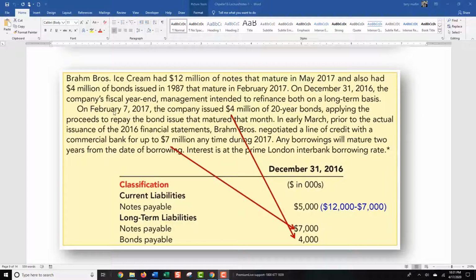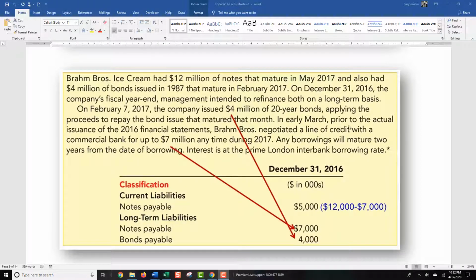So in early February, the company issues $4 million in new bonds, applying the proceeds to the bond issue that matured that month.